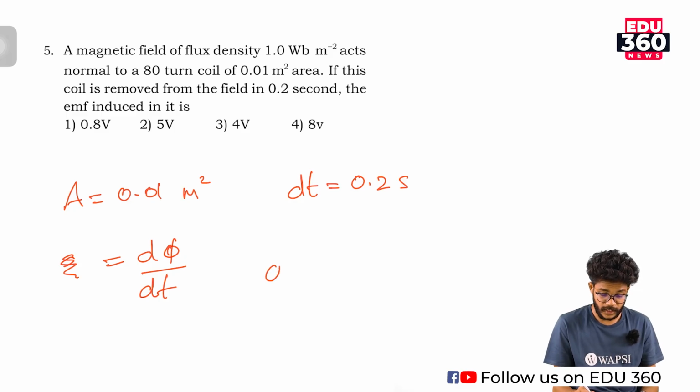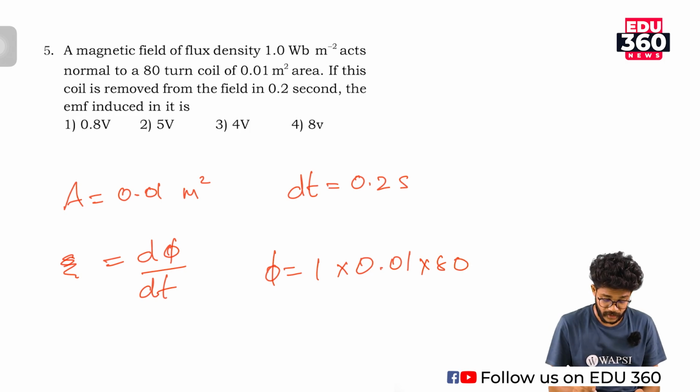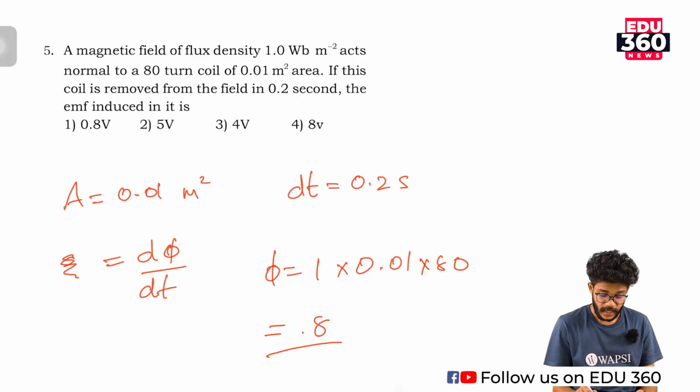So the flux is equal to magnetic field density, which is 1, multiplied by the area 0.01, that means the contribution of magnetic flux to that particular area, into 80 total magnetic flux, which is equal to 0.1 into 8 is 0.8. Yes, final flux is 0.8.